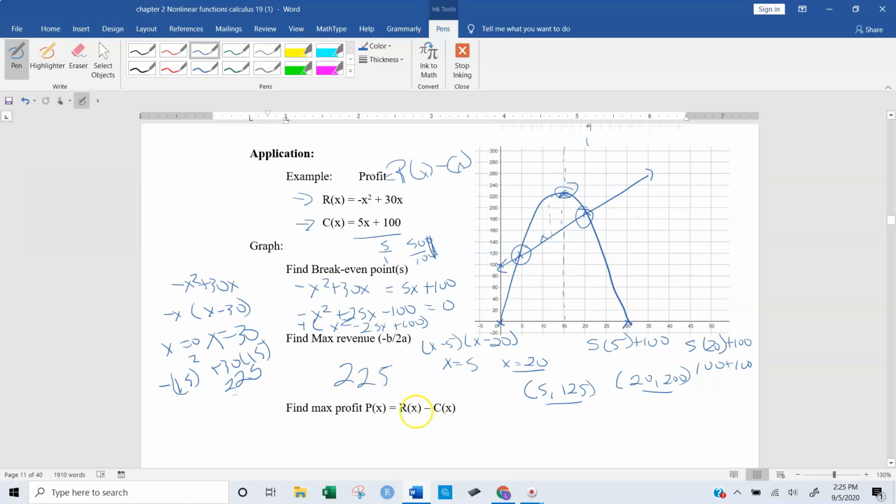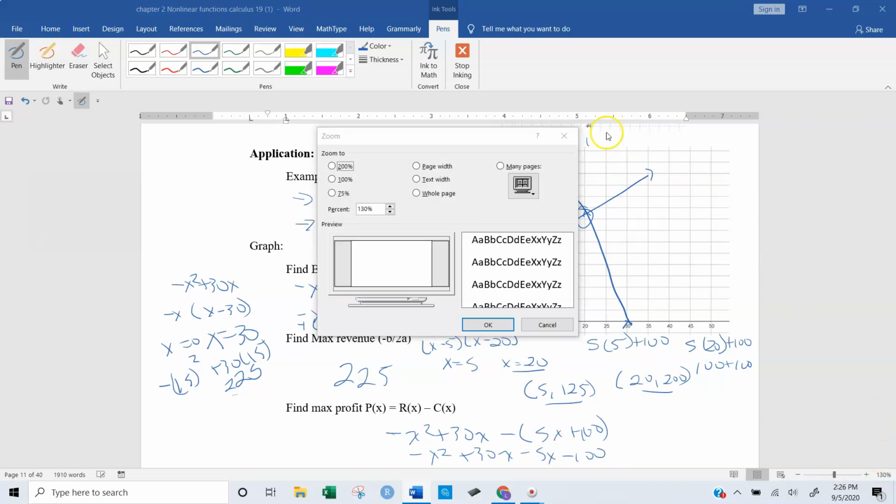Max profit is revenue minus cost. So we're going to take these two and subtract them. We're going to take minus x squared plus 30x minus my cost, which is 5x plus 100. So now we have negative x squared plus 30x minus 5x minus 100.